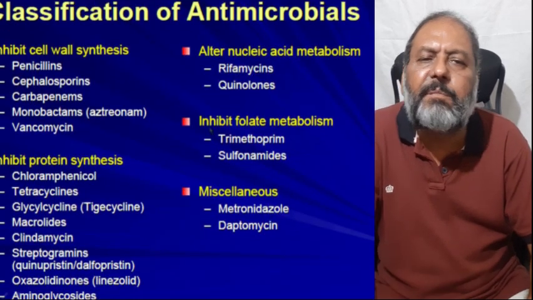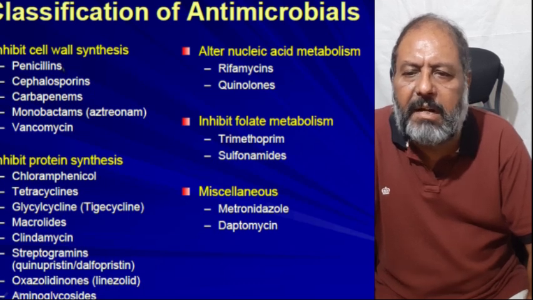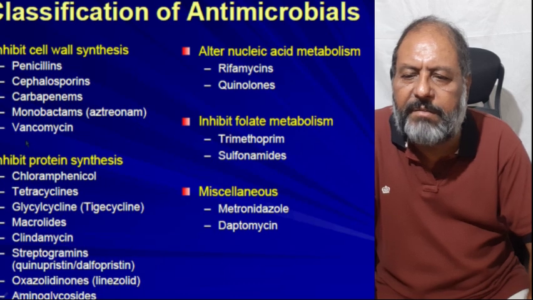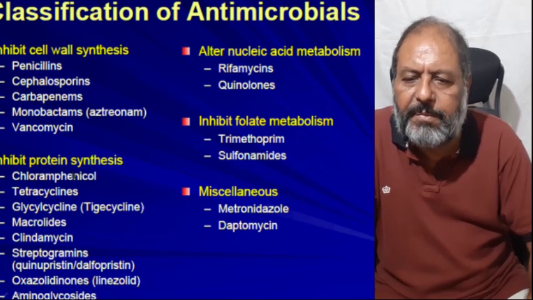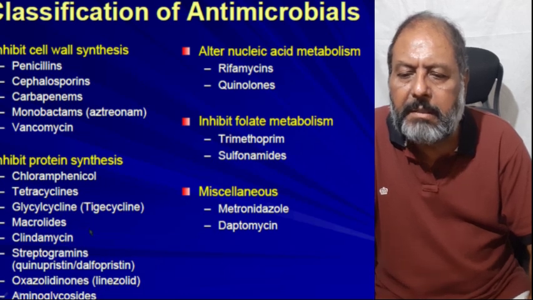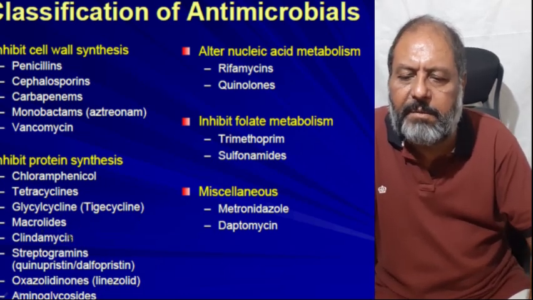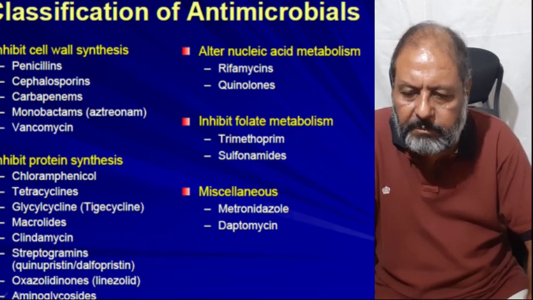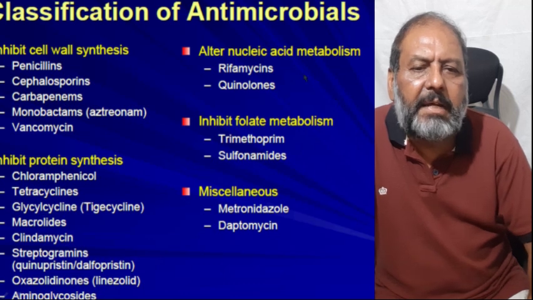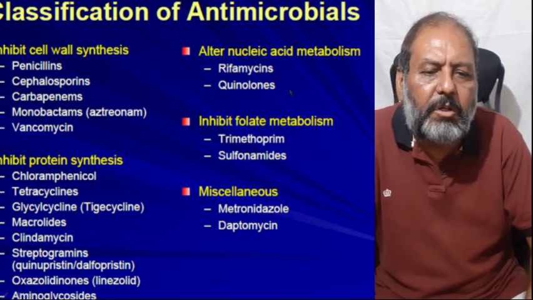So the summary of the classification of antimicrobials: those that inhibit cell wall synthesis are penicillin, cephalosporin, carbapenem, monobactam, and vancomycin. Those that inhibit protein synthesis are chloramphenicol, tetracycline, glycylcycline, tigecycline, macrolide, clindamycin, streptogramins, oxazolidinone, linezolid, and aminoglycoside. Those that alter nucleic acid metabolism are rifampicin and quinolones.